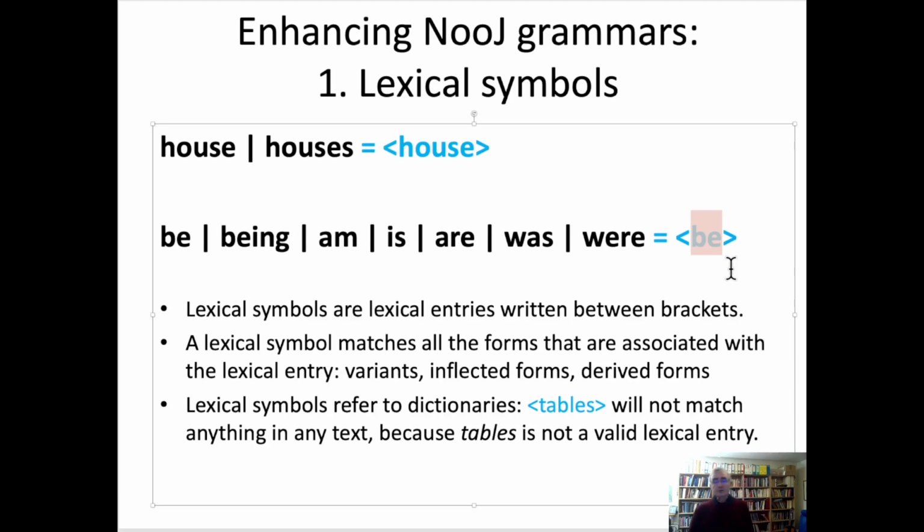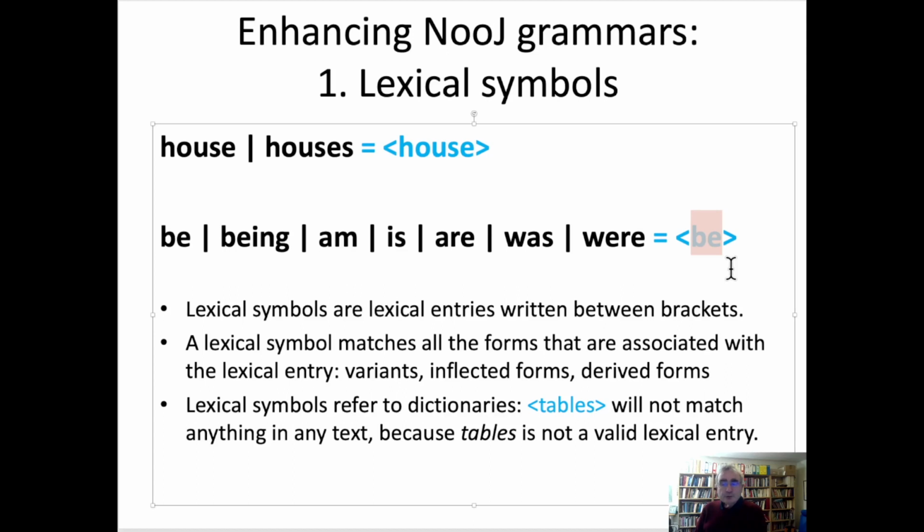So a lexical symbol matches all the forms that have been associated with the lexical entry. We will see how in a subsequent session. And this word form could be inflected forms or derived forms or variants, orthographic variants, etc.